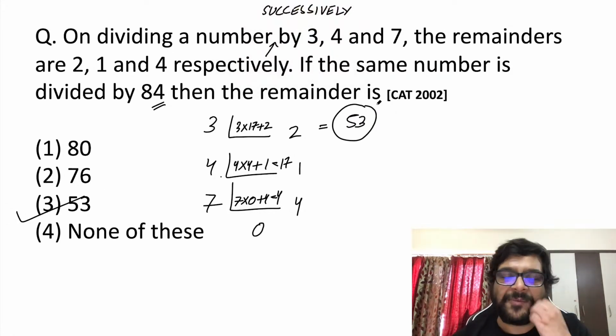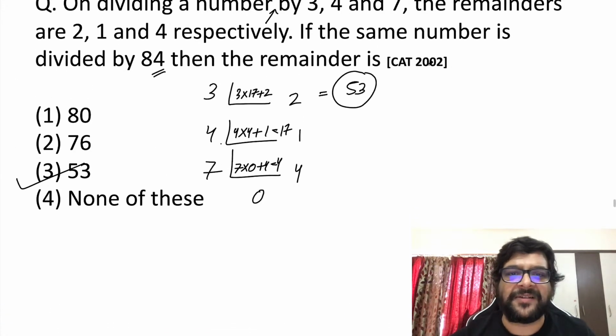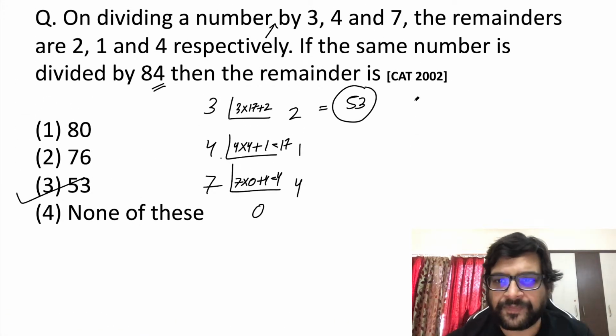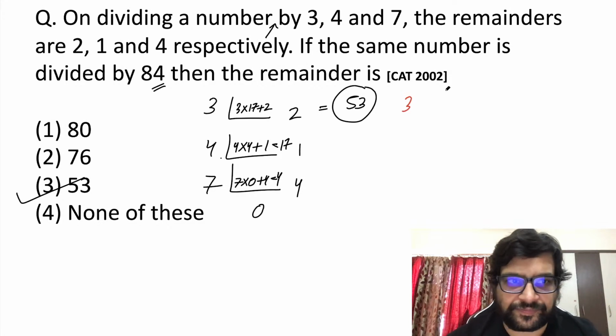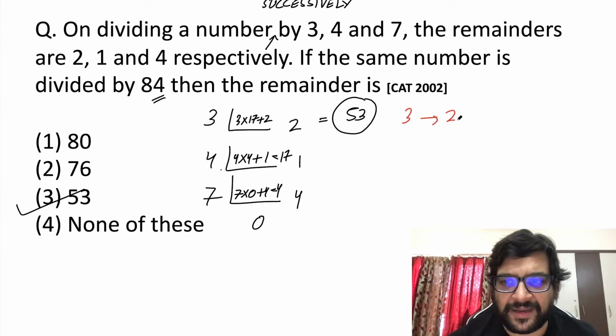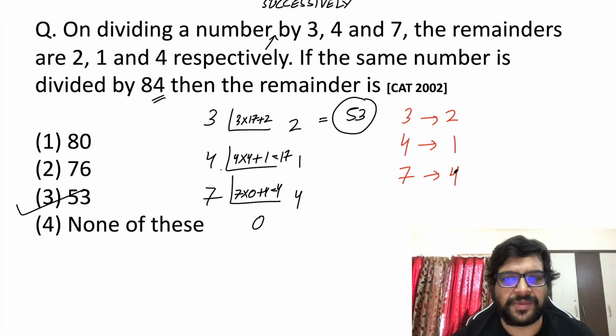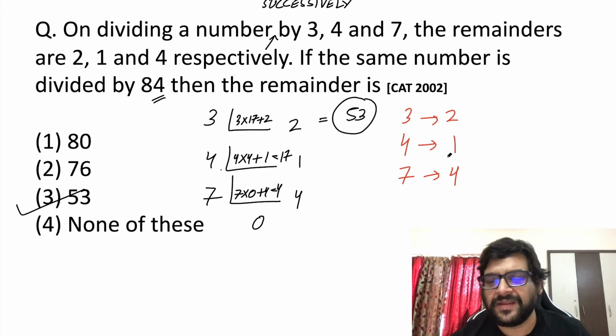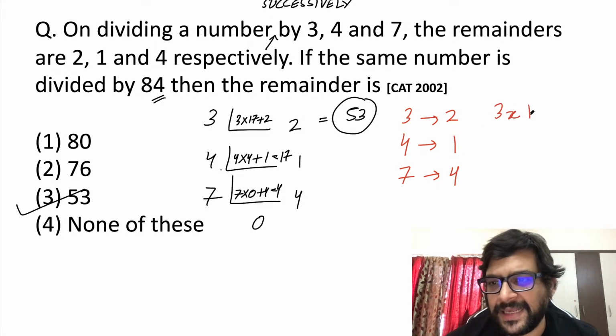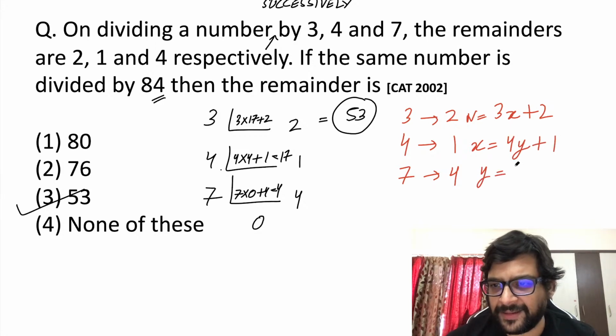Since it's a CAT question, let me spend some more time on it. Let me try doing it the other way also. From 3, the remainder is 2. From 4, the remainder is 1. From 7, the remainder is 4. That means n is 3x plus 2, where x is 4y plus 1, and where y is 7z plus 4.